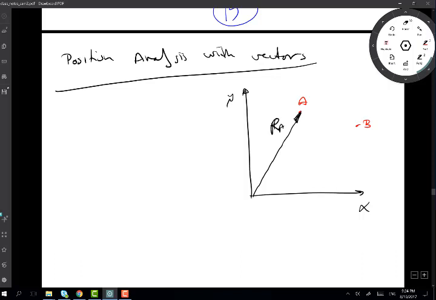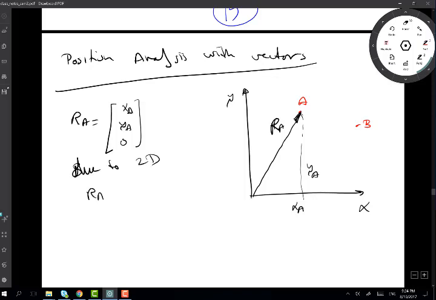You can write the vector as XA and YA, and 0 if you write it in 3D, but because it's 2D, I can write RA as XA and YA.